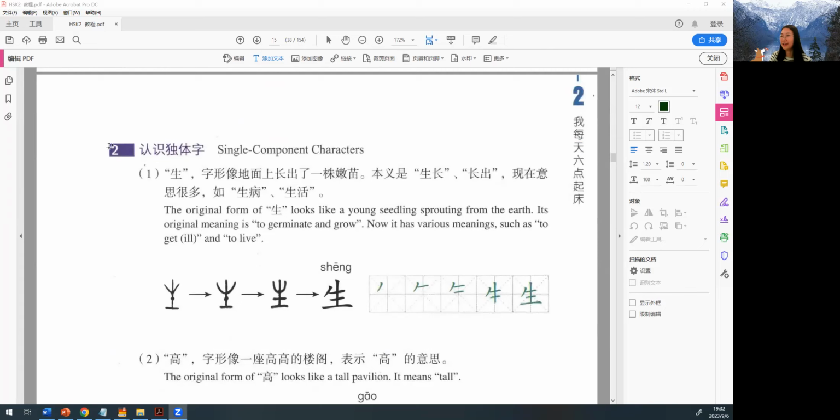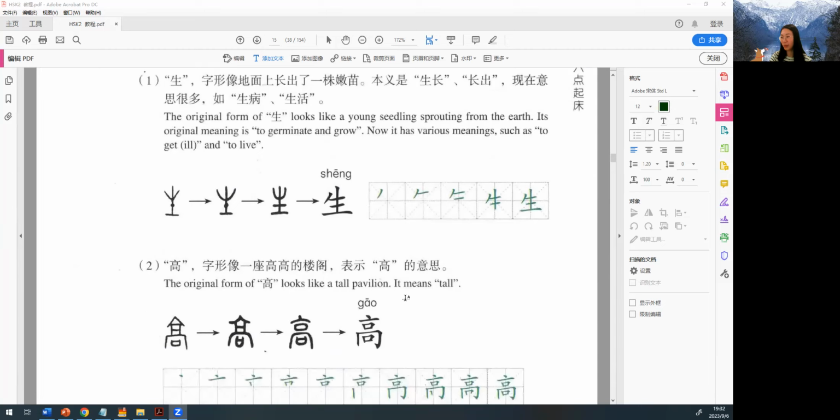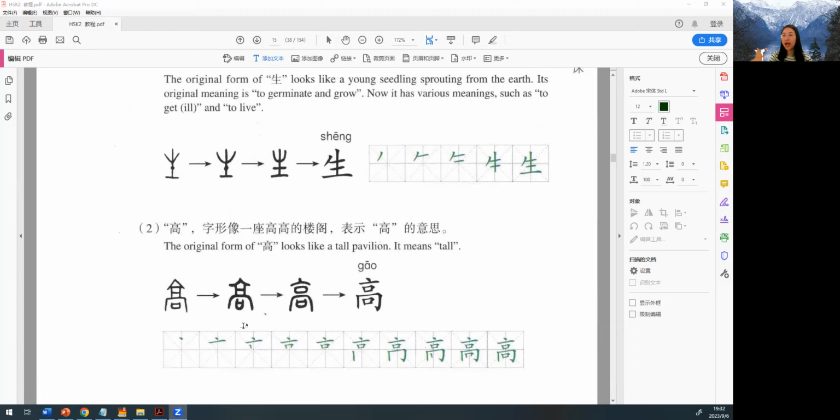All right, let's take a look at the second. 生. Here is 生. This one, 高. It's a little bit hard to write it down, so try using a pencil and write down these new words in your book.